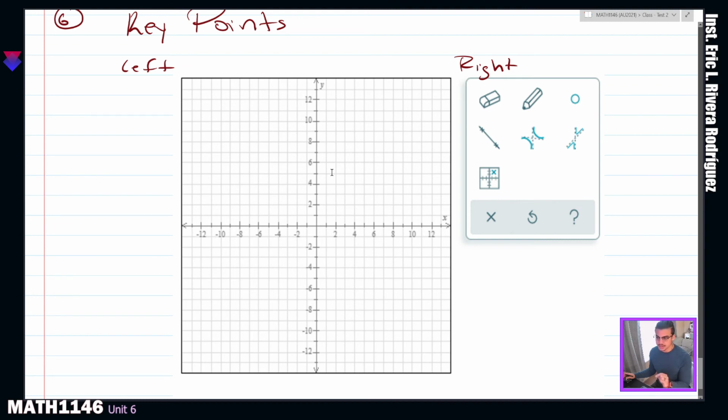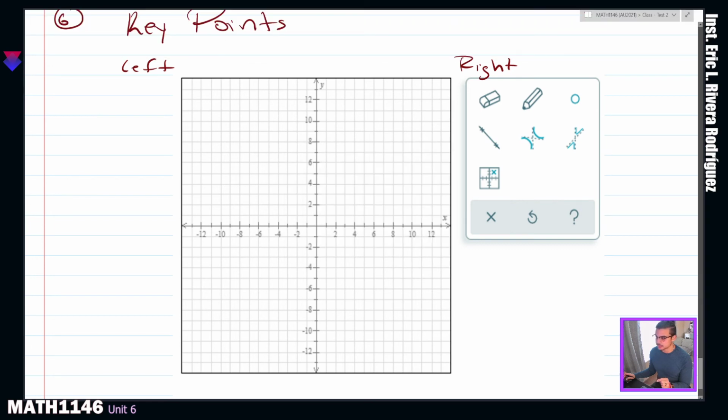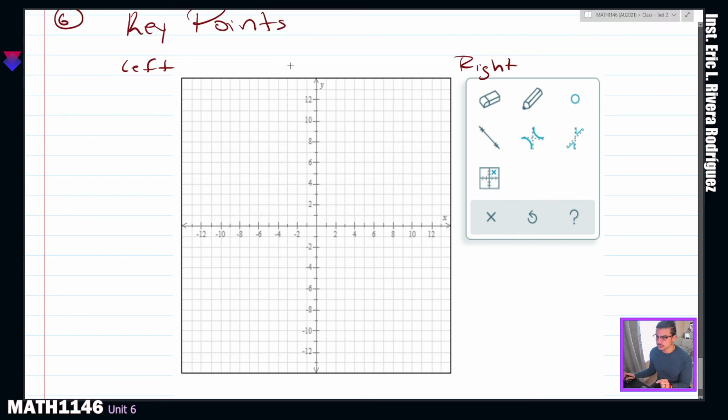The vertical asymptote here is at x equals -2.